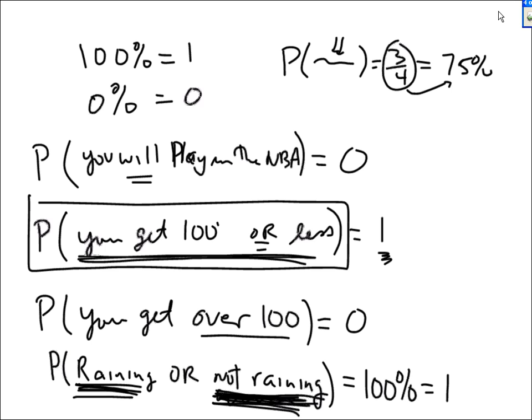Like if it's towards the end of the semester, the only thing that comes up next is the final, and you had 100% on all your 50 exams, even if you get a 0 on the final, you still have at least a D average, so you're going to pass. That person can walk around and say, I'm going to pass statistics, 100% chance. That doesn't mean they're going to get a high grade. It just means they're definitely going to pass.